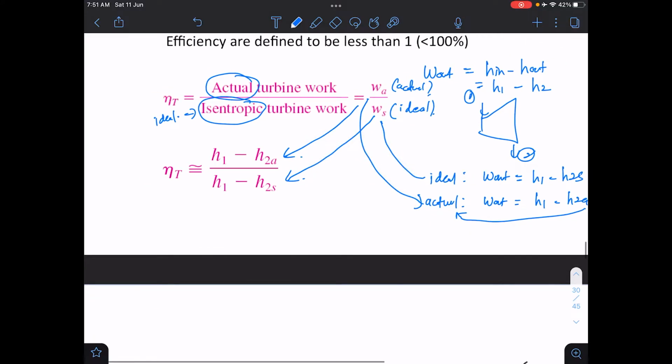So the isentropic efficiency for the turbine is equal to this formula, H1 minus H2A over H1 minus H2S.